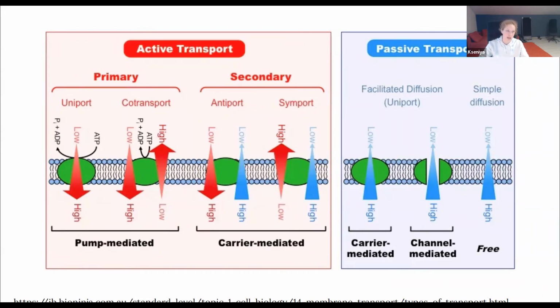There is passive transport and active transport. Passive transport involves the movement of material along a concentration gradient, from high concentration to low concentration. Because materials are moving down a concentration gradient, it doesn't require the expenditure of energy.